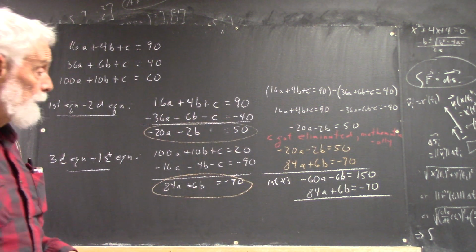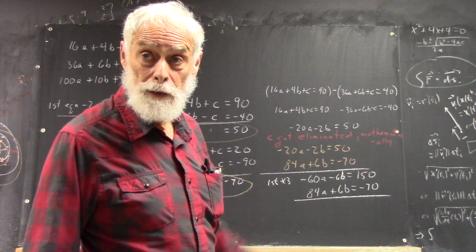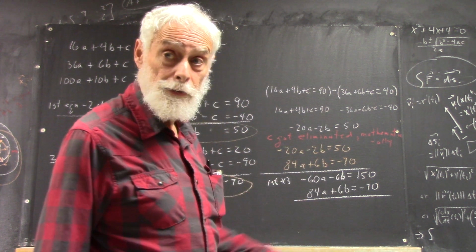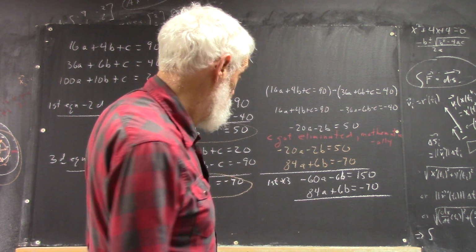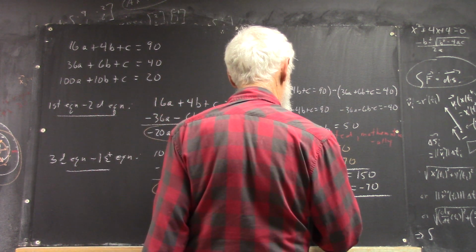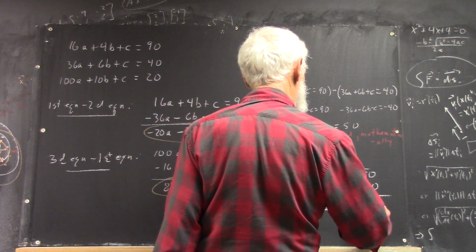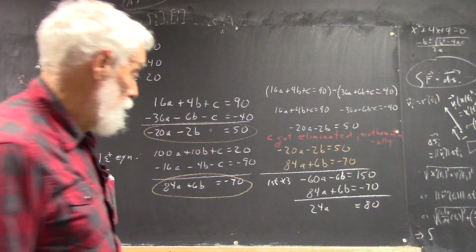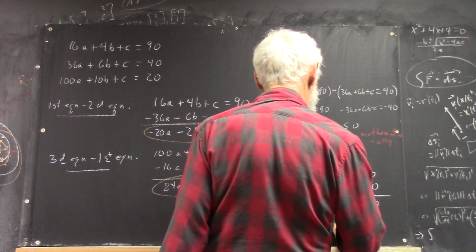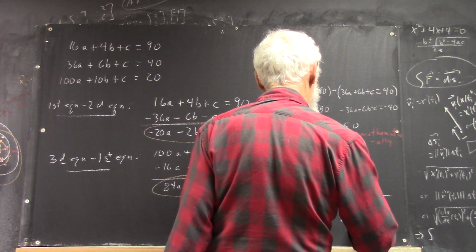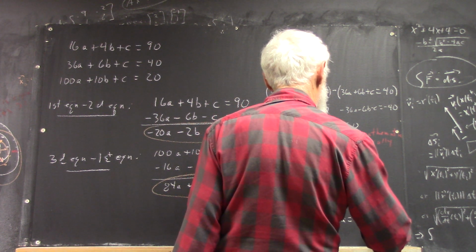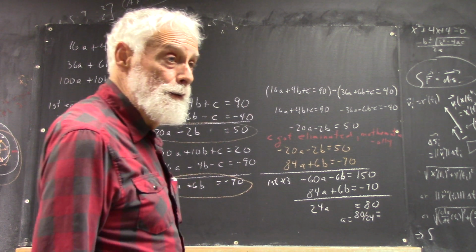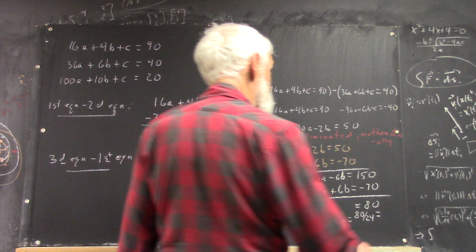So now when I add these, I don't have a b anymore. I have an equation that just has a in it, and I can solve it easily. Okay, I have 24a equals 80. So a is 80 over 24, and that reduces down to 10/3.